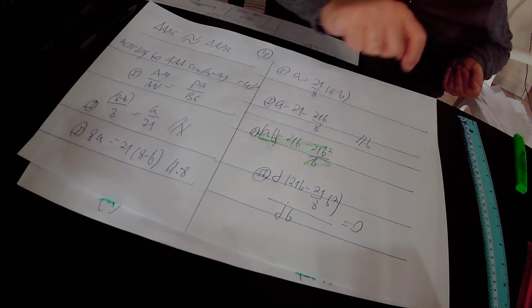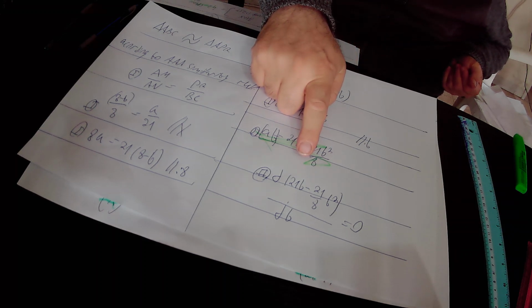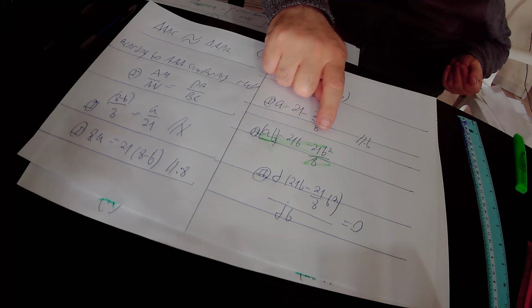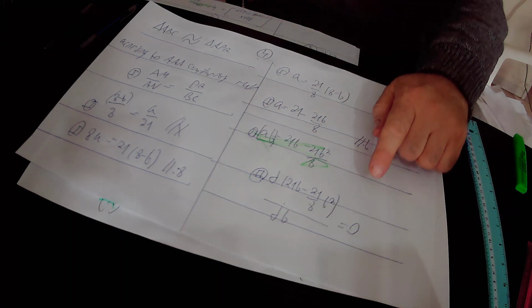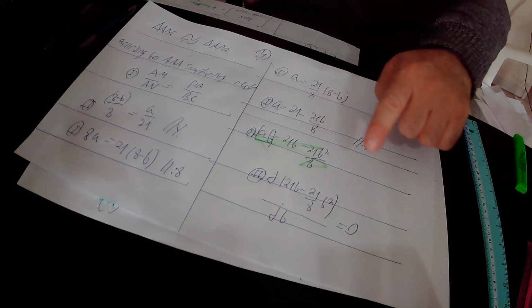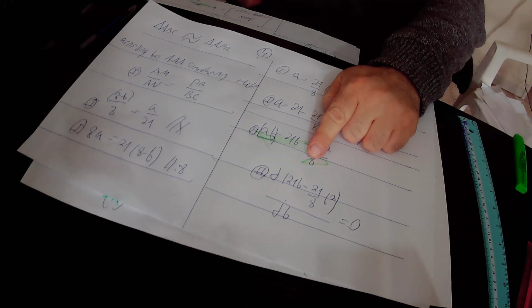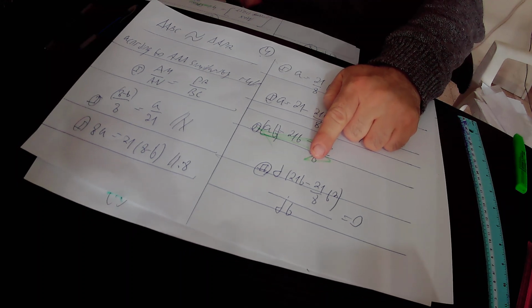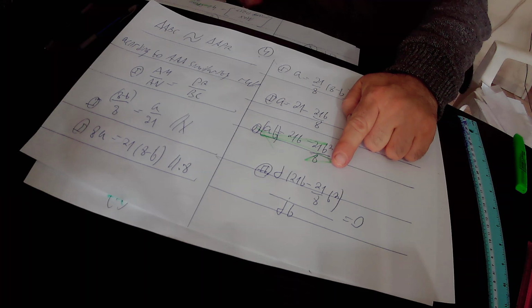So it is over db, it means that we take the derivative according to the variable b, that is the width, and then we equate this derivative to 0. So what is the derivative of 21b? We know that the derivative of b is 1, therefore in total the derivative of 21b is 21 times 1, that is 21. And what is the derivative of minus 21 over 8 times b squared?